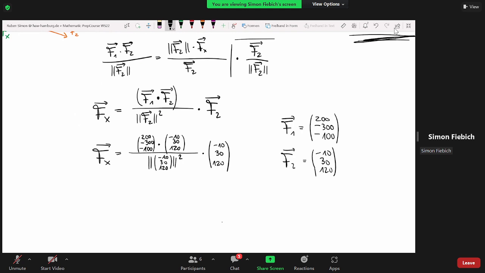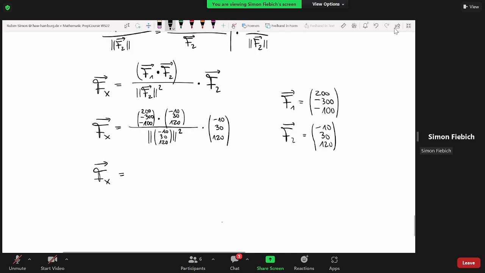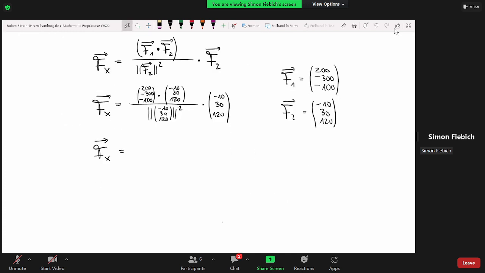This gives me the scalar product of these two vectors, the numerator of the fraction. Of course, without the help of a calculator.